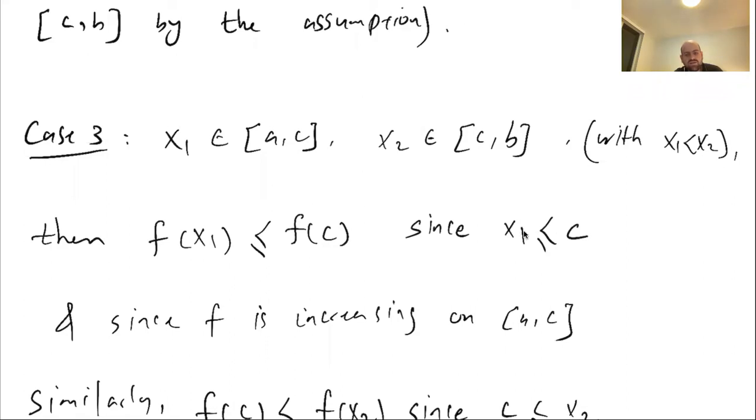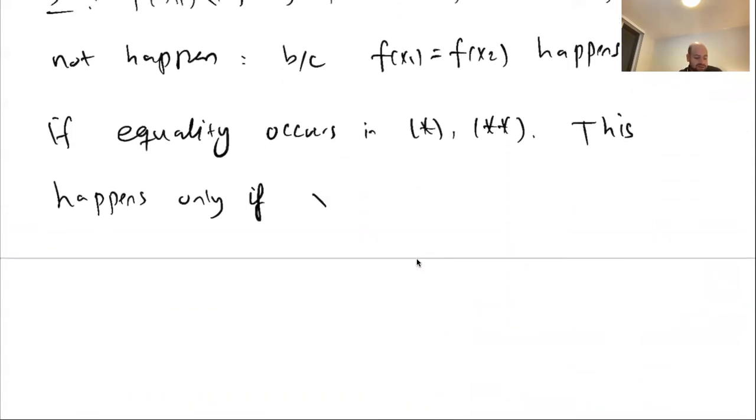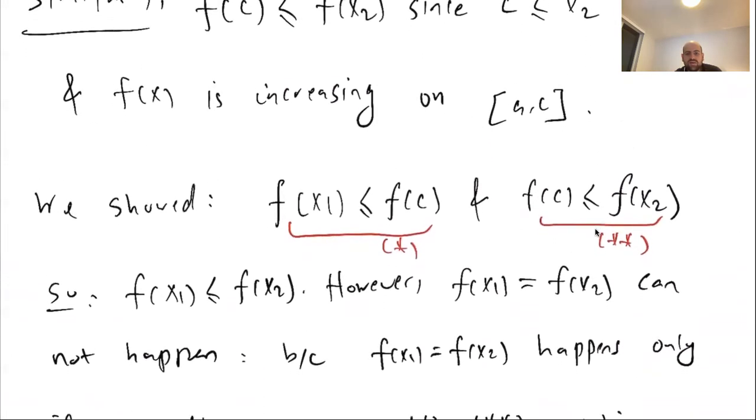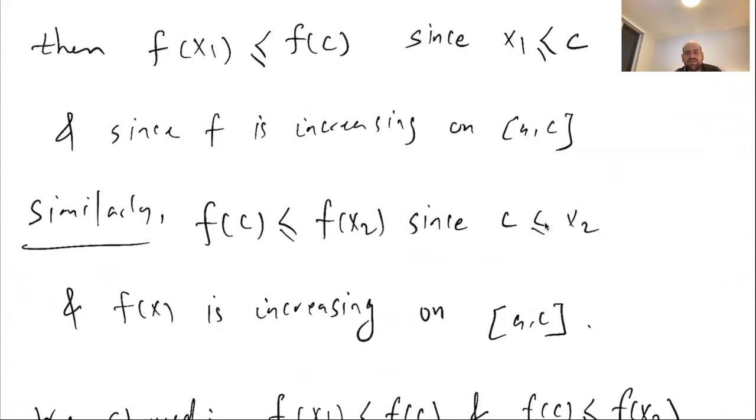If x1 is not equal to c, if x1 is less than c, then f of x1 will be less than f of c. This will be non-strict inequality only because x1 could be equal to c. So f of x1 will be equal to f of c only if x1 equals c, because if x1 is less than c, f of x1 will be less than f of c. So it happens only if x1 equals c, and similarly for the other one, this equality here happens only if c is equal to x2.